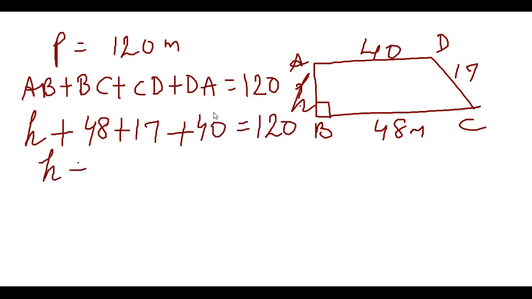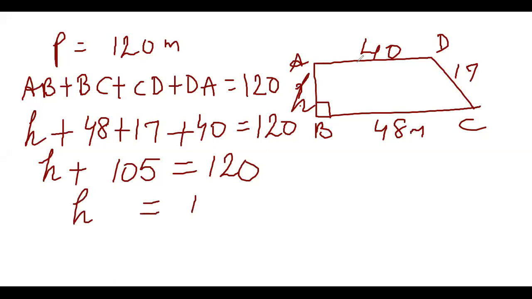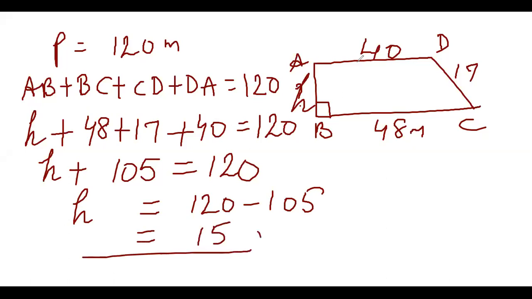Then H plus, adding it, 105 is equal to 120. Then H is equal to 120 minus 105 is equal to 15. So height is equal to 15 meter. That means AB is equal to 15 meter.